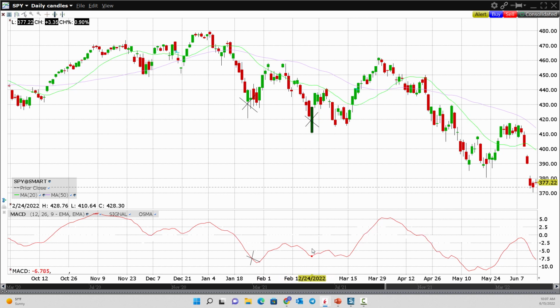Where's the MACD? Not in agreement. Basically a bullish divergence. It says, okay, yes, stocks went down again, but they didn't have the same thrust and power and momentum and energy that they had before. A little bit of a leading indication that we were going to potentially reverse.